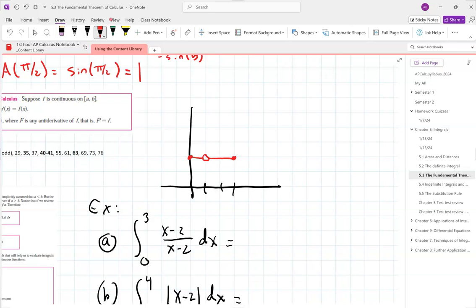How much area am I missing from that hole? I'd be just missing that, right? How much area does that line have? 0. Does the hole matter? No. Okay? So if I'm taking the integral and I have a hole, it doesn't affect it. I can just pretend it's not there.